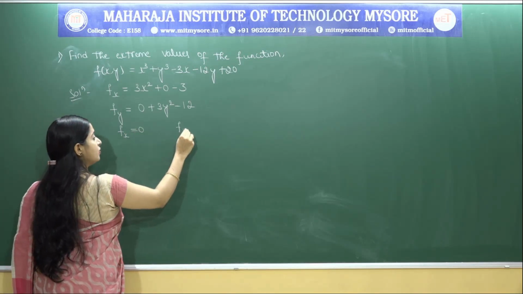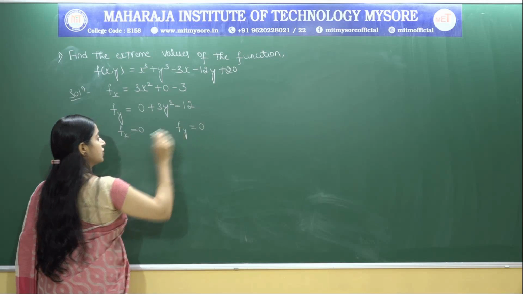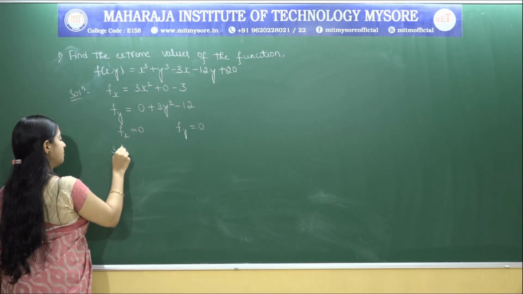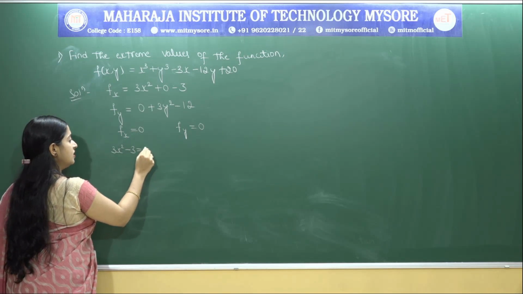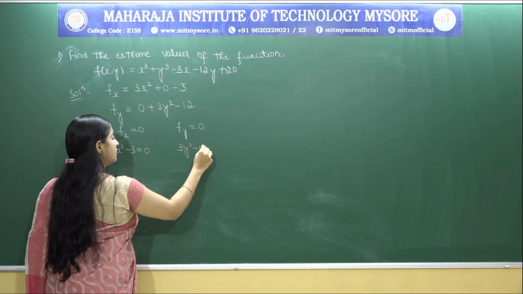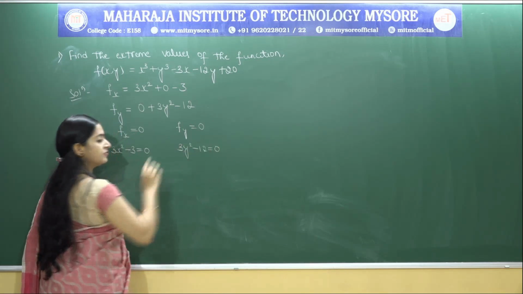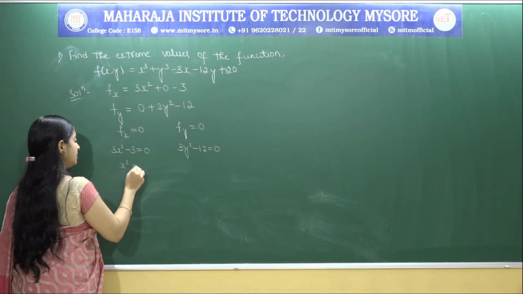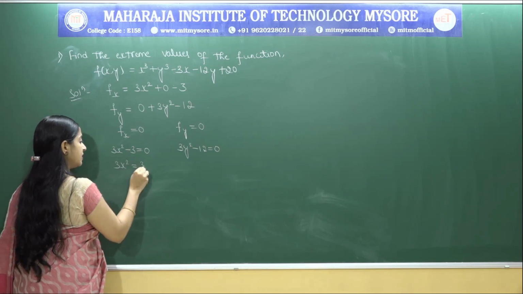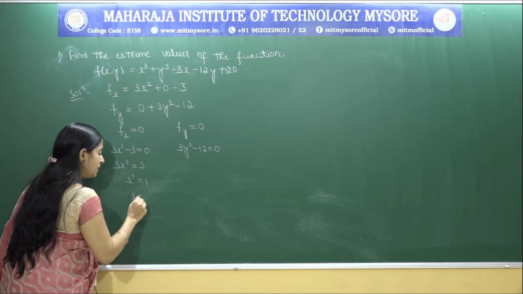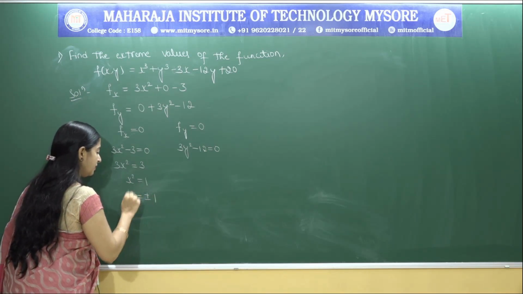So fx equal to 0 and fy equal to 0. So the first term, it is 3x square minus 3 equals 0. The second part, 3y square minus 12 equals 0. So from the first one, you will get x square equals 1, x equals plus or minus 1.